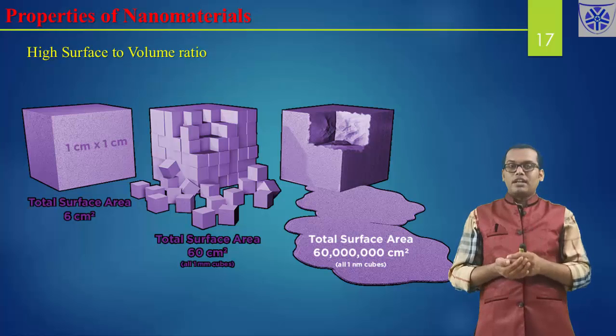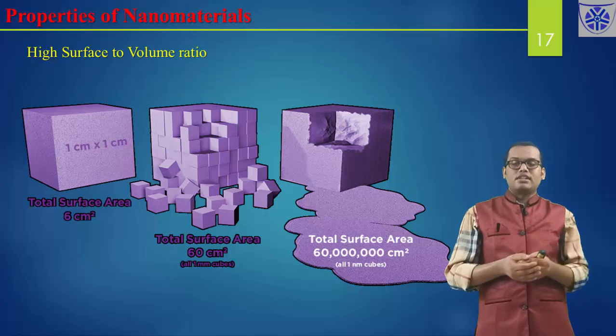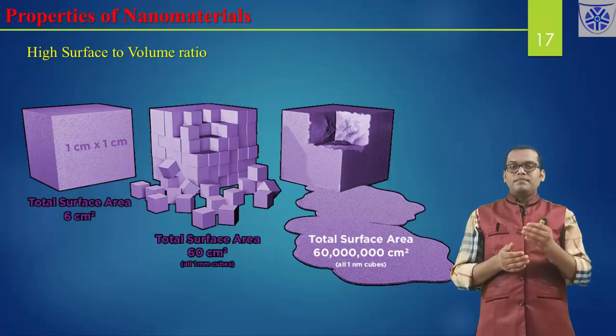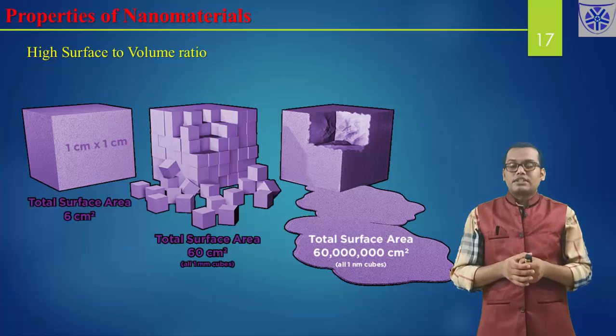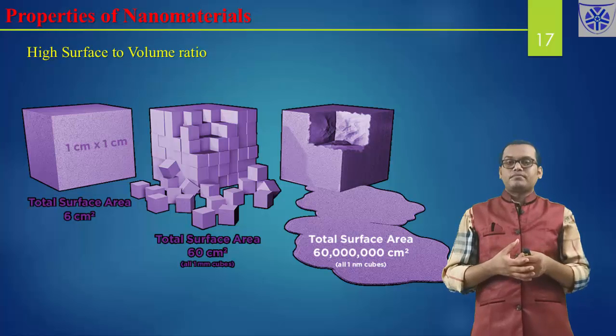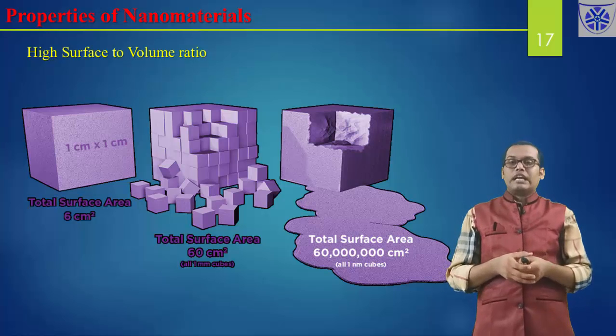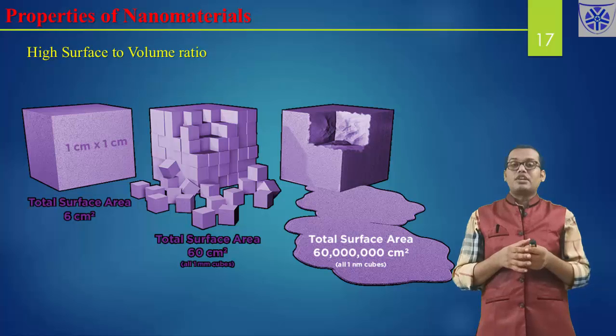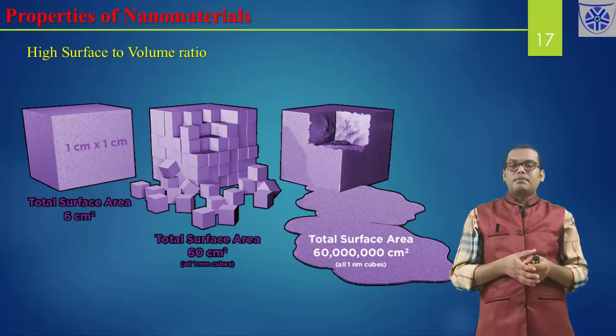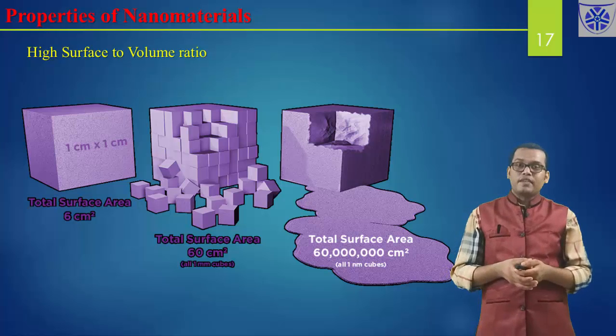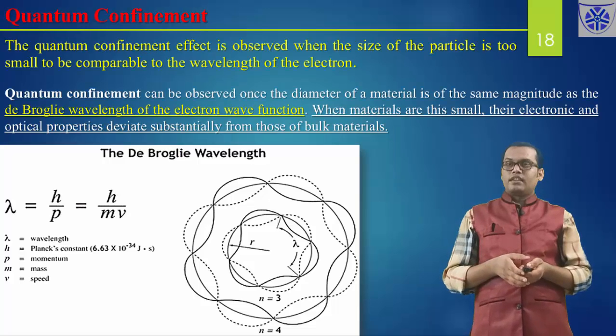Because once you go from the bulk material to the nanomaterial, you are decreasing the particle size. Because of that, your surface area is going to increase. And that has huge application in catalysis or any other topic. I will discuss that more specifically when I talk about synthesis.